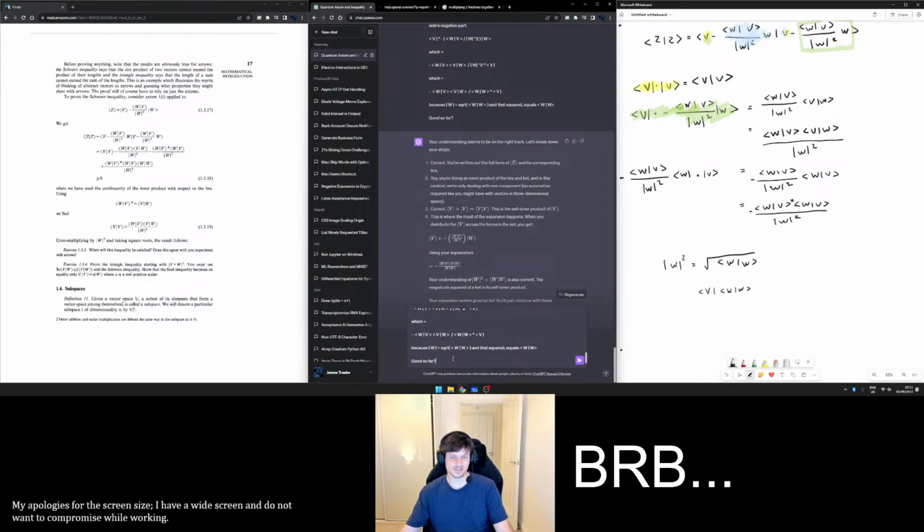Okay. So let me try this again. Here's a question. Why in the book does the W to the power of 2 remain as W to the power of 2?